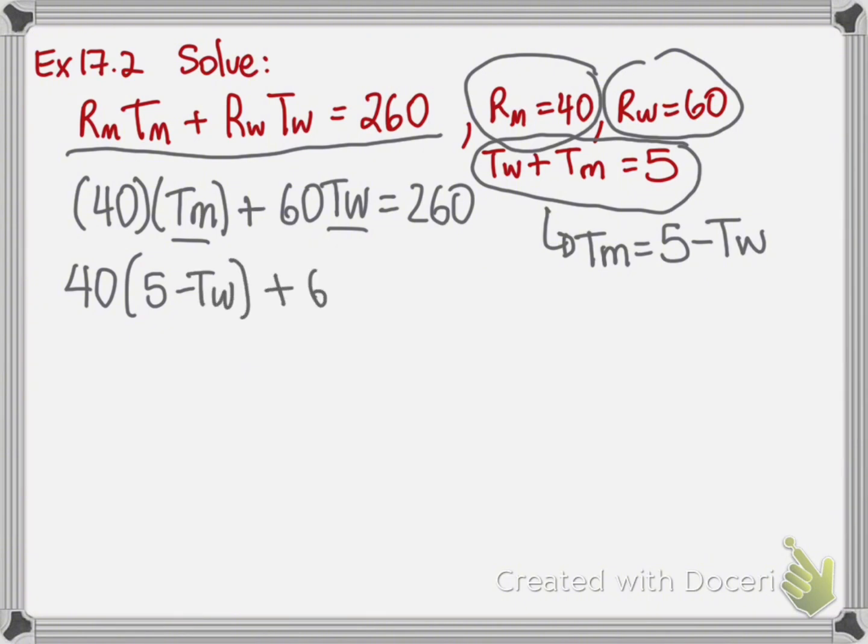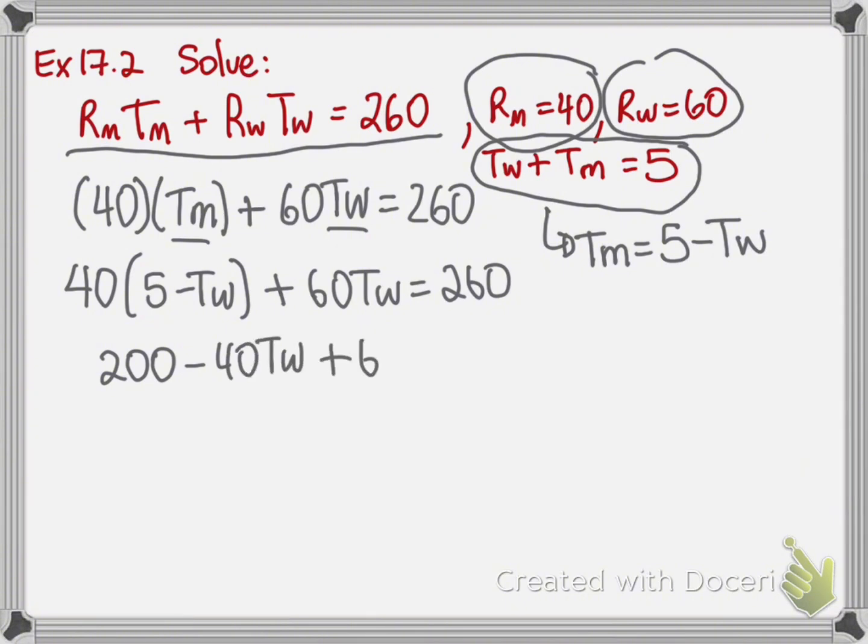And that way now we have what we need to solve this equation because we have only one variable. Remember that we always get rid of the parentheses first. So 5 times 40 is 200 minus 40 TW plus 60 TW equals 60.